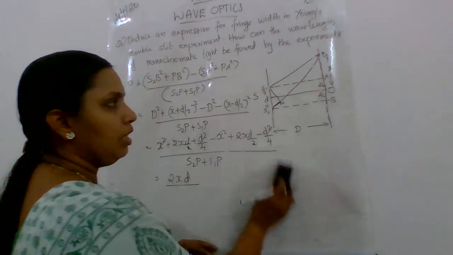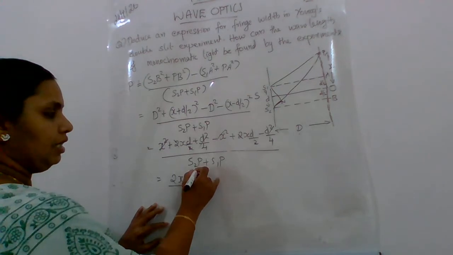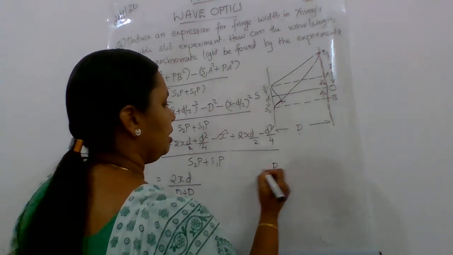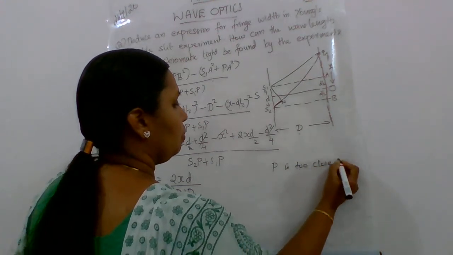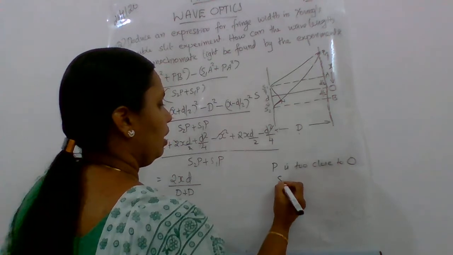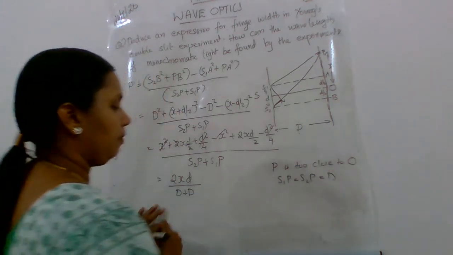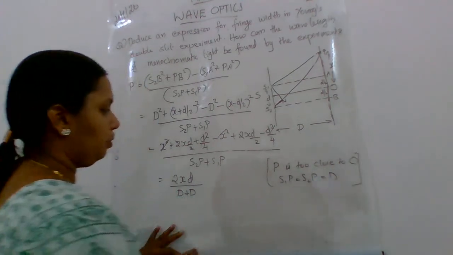That is, P is too close to O. We can write it as D plus D. P is too close to O, S1P equal to S2P equal to D. So that is the assumption we are following here.